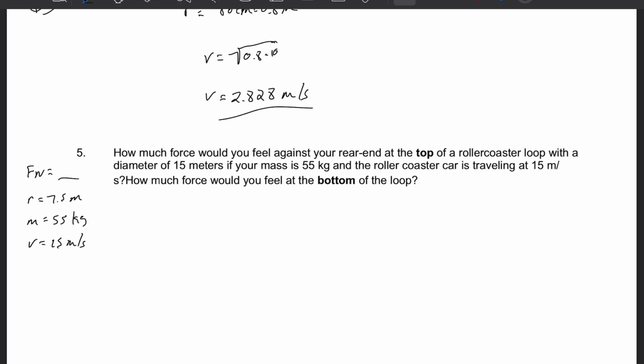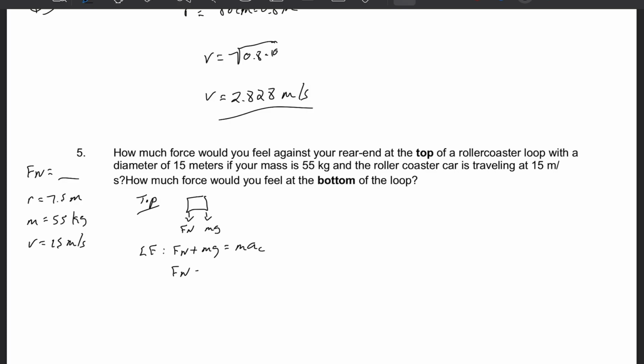We're going to set this up like we did on the front page, where we've got the top set up separate from the bottom. If force normal is what we're looking for, we know the radius is 7.5, mass is 55, velocity is 15. At the top, mg and force normal are going the same direction, so the net force is force normal plus mg equals mac.